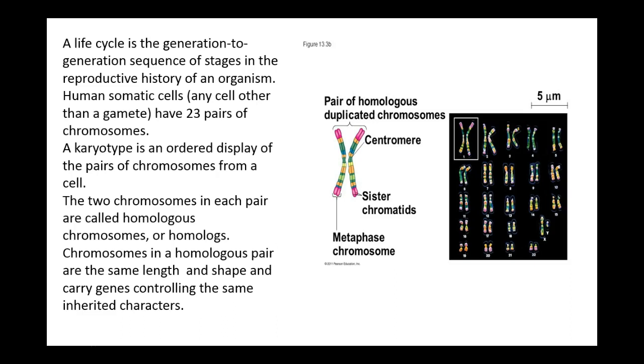This is the human genome karyotype, the set of chromosomes, and if you can count them, there are 23 pairs, and for each pair, you inherited half from your mother, half from your father, biologically. And so the karyotype is an ordered display of the pairs of chromosomes from a cell. Ordered because they're numbered 1 to 23.